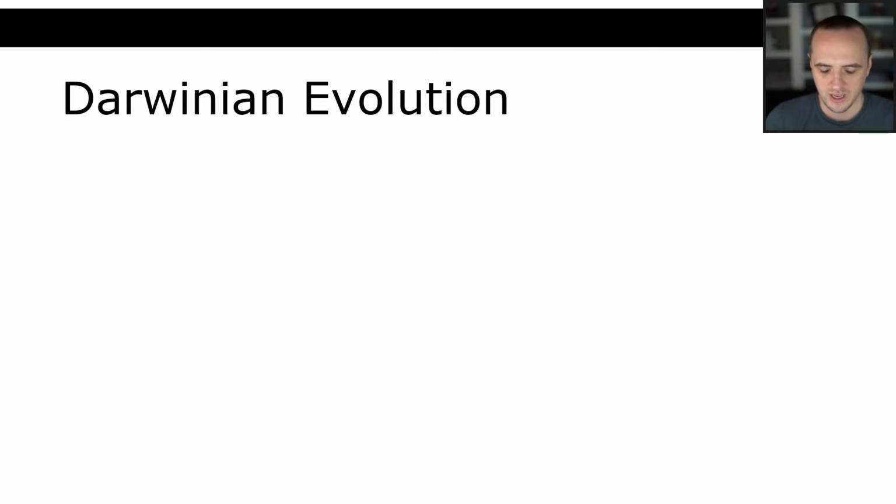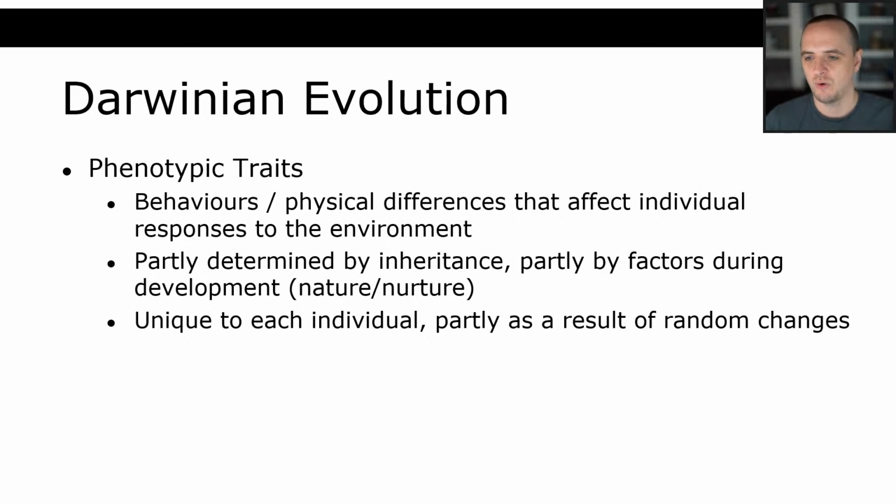So, in Darwinian evolution, there are different types of traits, okay? So, phenotypic traits. Now, there is going to be some new terminology in this lecture. There's going to be a lot of words thrown around. But before we get too into it, I just want you to know that on the final exam, I am not going to ask anything that directly relates to biology, okay?